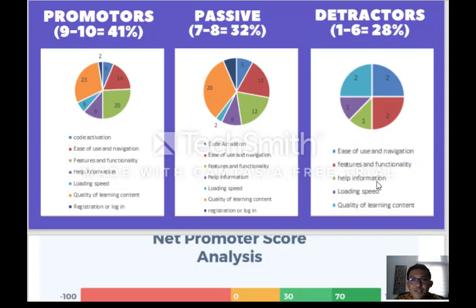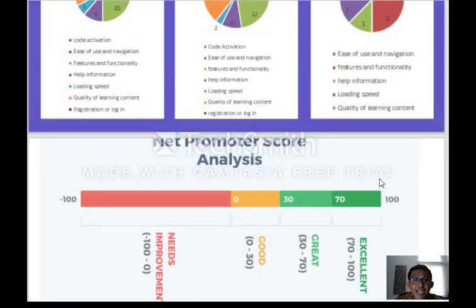And as you can see here, we have three main reasons why detractors chose 1 to 6, or gave the lowest score: ease of use and navigation, features and functionality, and help information. So they were not satisfied with ease of use and navigation, meaning that they find it difficult to use and to navigate, and they also found it difficult to find information when they had a problem.